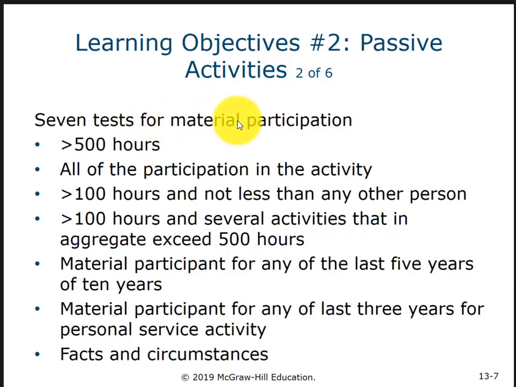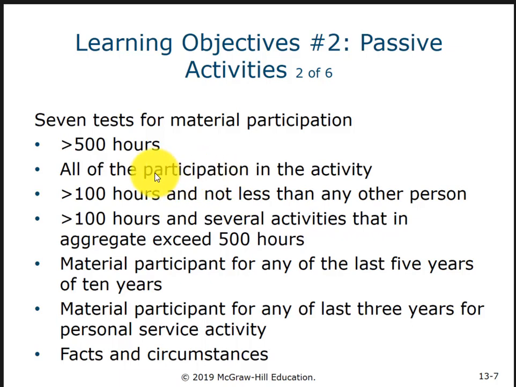To get to material participation, all you have to do is meet one of these seven tests. And notice the last one is facts and circumstances, which means you can still make a case even if you don't meet any of the other ones. So it's got to be greater than 500 hours of all the participation.